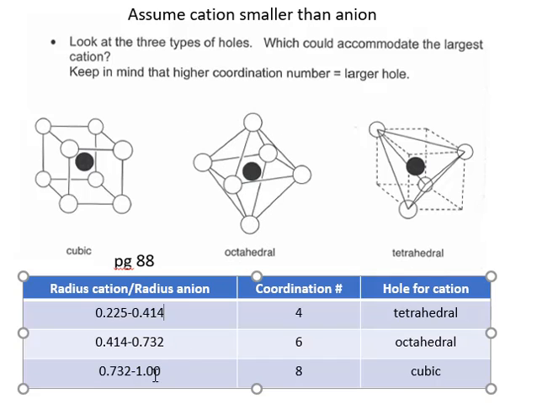And finally, if it's really big, 0.732 to 1, in other words it's almost the size of the anion, then it can fit into the cubic hole, which is the biggest of all. And that's the case that's shown here. It's almost like a body-centered cube. If this was just a metal packing, we could have another metal in here, exactly like the other ones, and it would be identical in size. So again, this is the roomiest one.